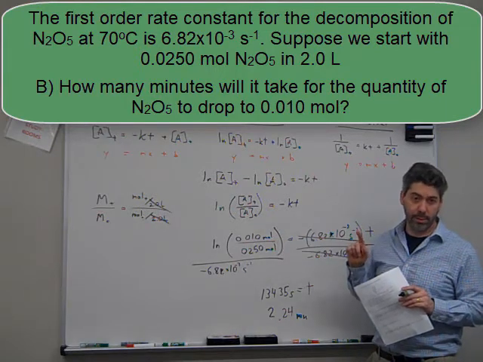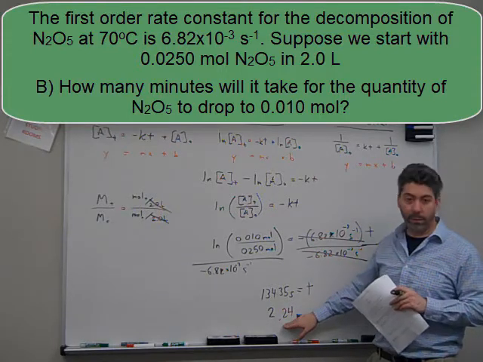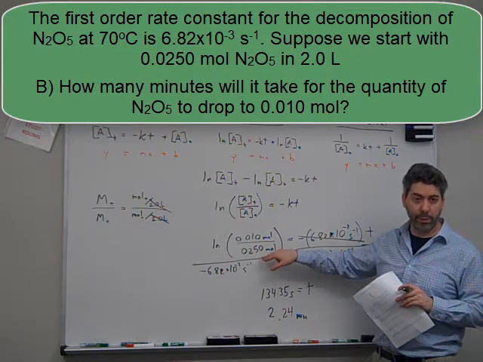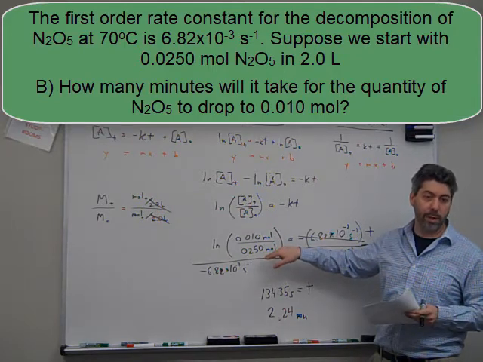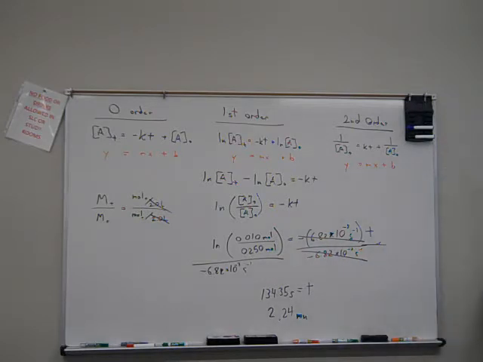So is that reasonable? It actually is. Because if I let it go just a little bit further to 2.5 minutes, it'll drop a little bit further to 0.009. So this is one way you can check your answers for reasonableness.